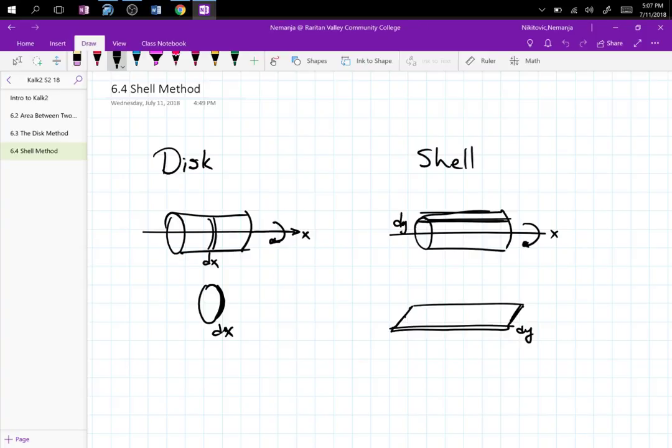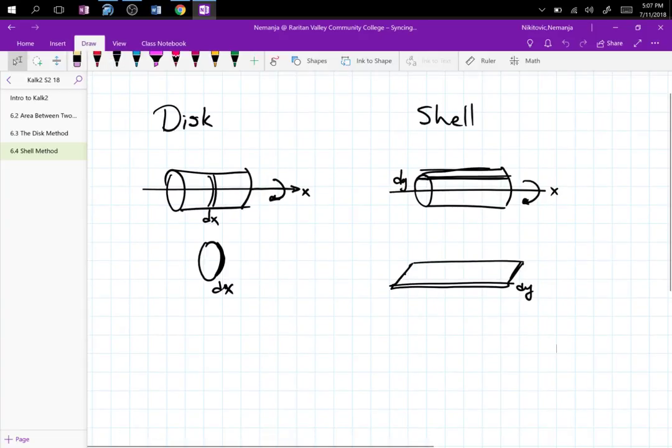So one of the first things to learn regarding the shell method is the fact that if you're rotating on the x-axis, you are setting up a dy integral. Whereas for the disk method, if you're rotating around x, you are setting up a dx. So they match for disk and they're opposite for shell.